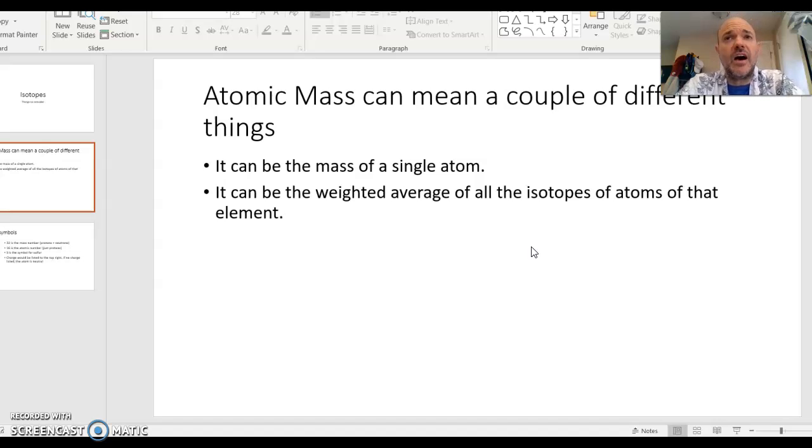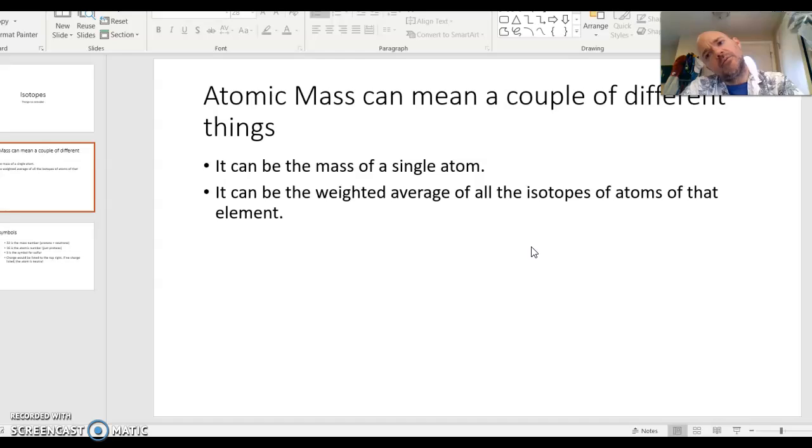You could also have a hydrogen atom that has one proton and no neutrons, so it has a mass number of 1. Or you can have a hydrogen atom that has a mass number of 3 because it has one proton and 2 neutrons. So that's one thing we can mean by atomic mass.